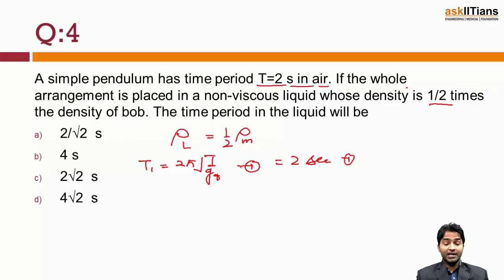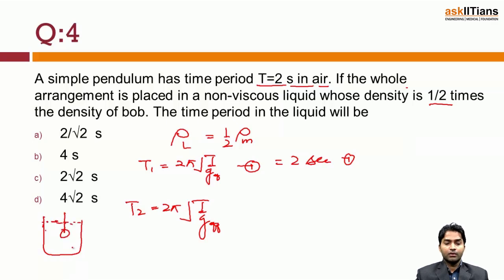Equation 1. In part 2, T2 is equal to 2 pi under root L upon g effective when it is dipped in a liquid of density rho L, that is equal to half the density of the metallic ball. According to the principle of buoyancy, the effective weight m into g effective will be equal to net weight minus thrust.